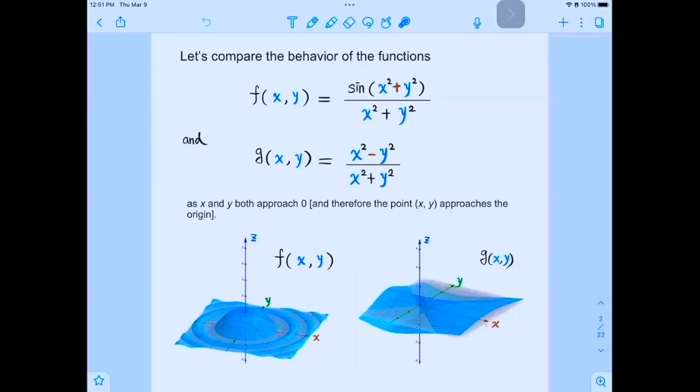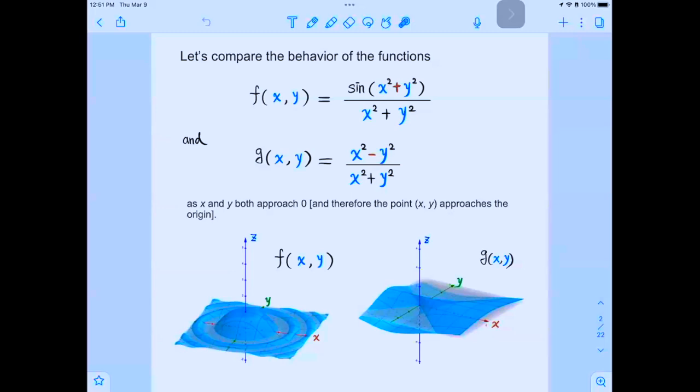What do you think? It doesn't look like it's approaching 0. It looks like it approaches a number up here, maybe 0.5 or some other number, right? So if you approach 0 along this direction, I get a number. But if I approach 0 along this y direction, I get a different number.